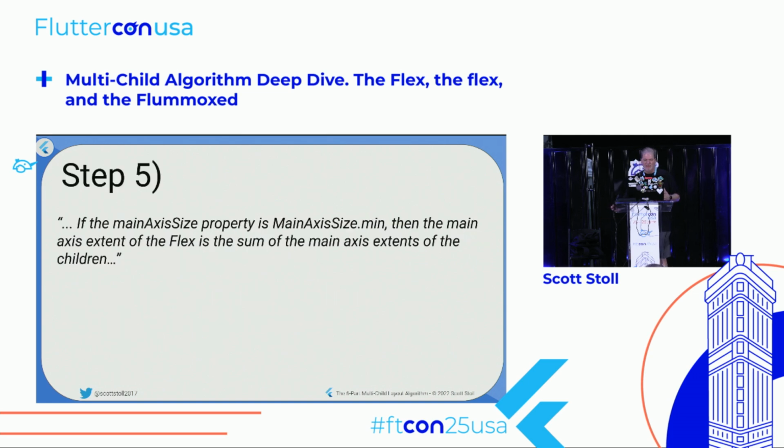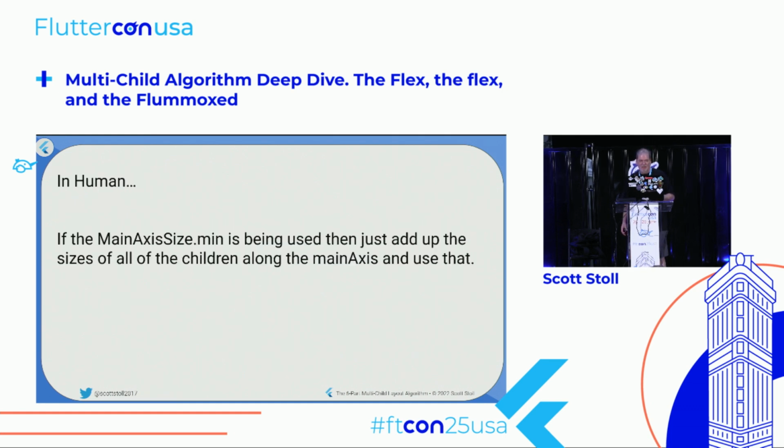So let's take a look at main axis size minimum. If the main axis size property is main axis size min, then the main axis extent of the flex is the sum of the main axis extent of the children. Just add up all the sizes of the children along the main axis and use that. It's not that difficult.